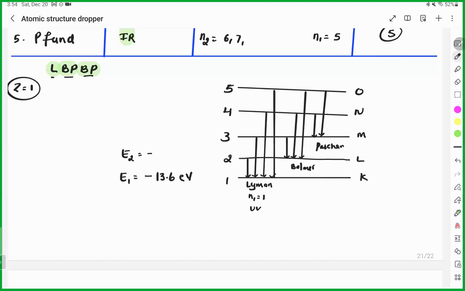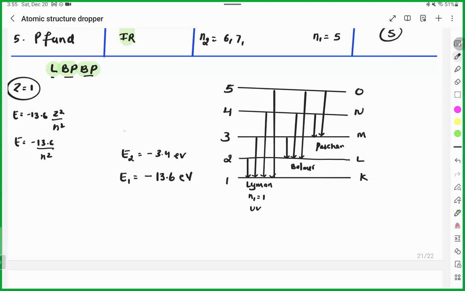You will divide 13.6 by 4. Why? Because energy is equal to minus 13.6 electron volt Z square by n square. Z is 1, so energy will be 13.6 by n square. In the first situation, n value is 1. That's why minus 13.6. If n value is 2, you divide by 4. Answer will be minus 3.4 electron volt.